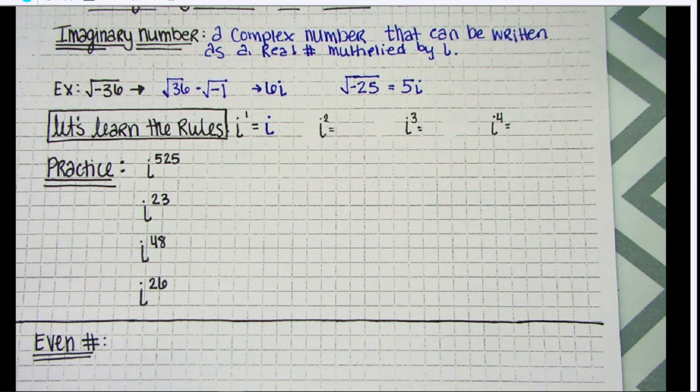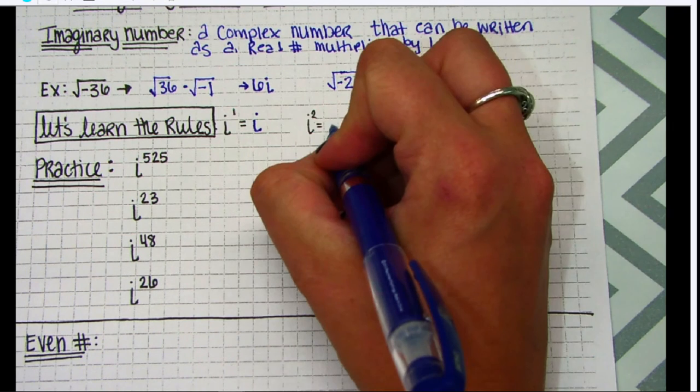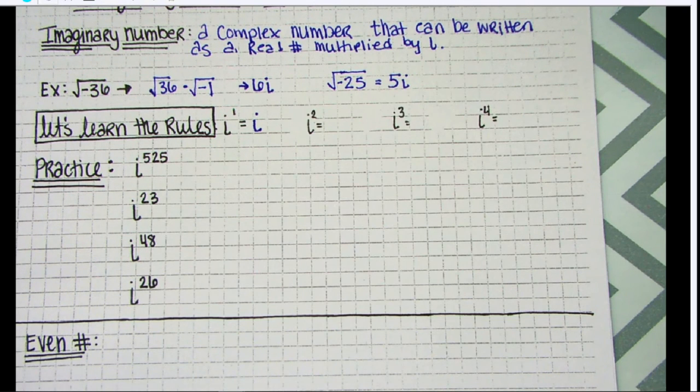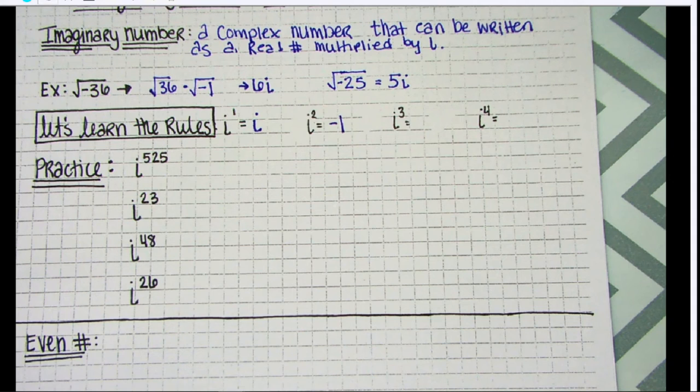It's totally fine. All right, so i squared. What does i represent? An imaginary number. Let's think of it in terms of square root. Wait, it's i squared, negative 1. It is. Good. I cubed.